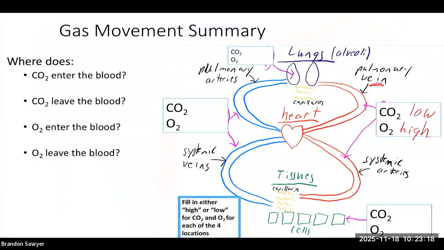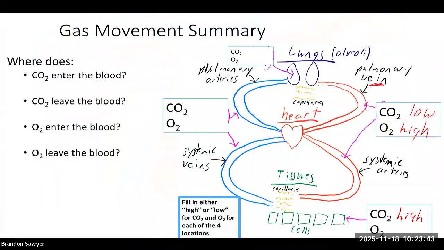But now we're getting down to the tissues, just general cells we're trying to get oxygen to. So the oxygen here and CO2 here in the cells themselves. What did you put for CO2 there? Probably higher, because this is where metabolism is happening. We're building up a byproduct of metabolism, which is CO2.